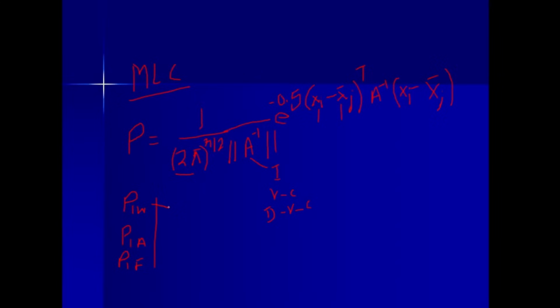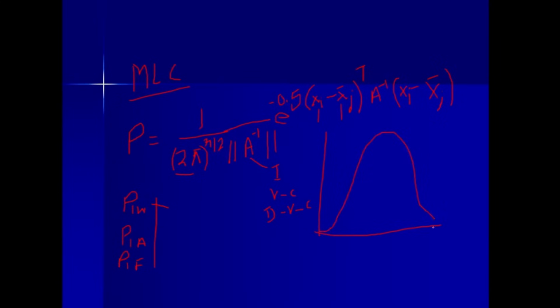But once these algorithms use the variance covariance matrix, they have to follow the normal distribution. If your training data follows the normal distribution like this, then these algorithms will give you very good results.